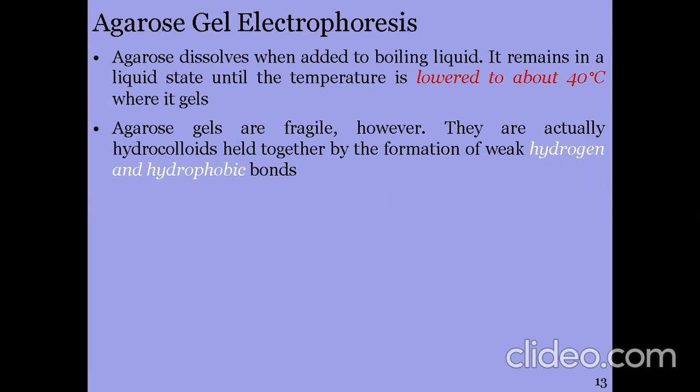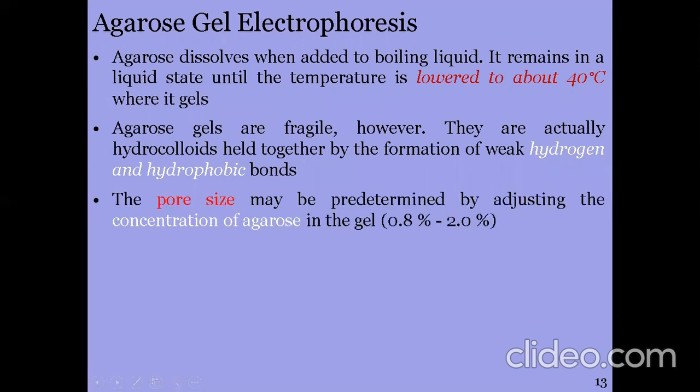Agarose gels are fragile, however, they are actually hydrocolloids held together by the formation of weak hydrogen and hydrophobic bonds. The pore size may be determined by adjusting the concentration of agarose in the gel. The concentration of the gel could be 0.8 up to 2%.